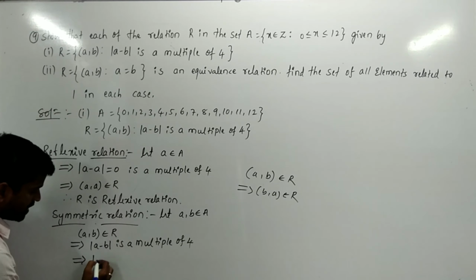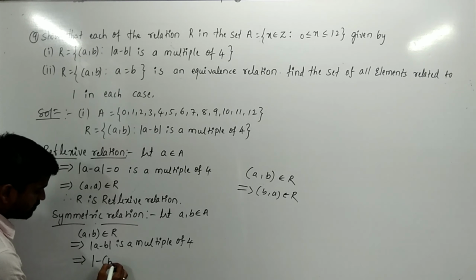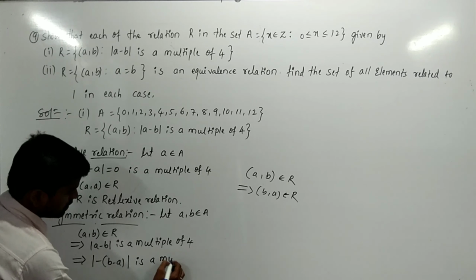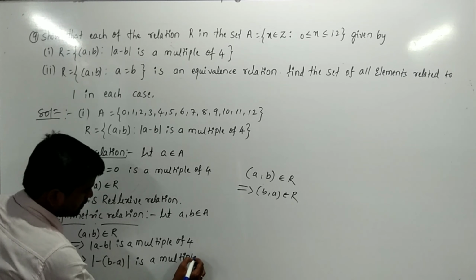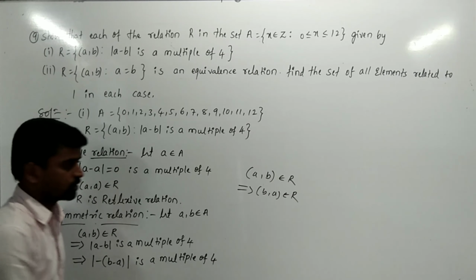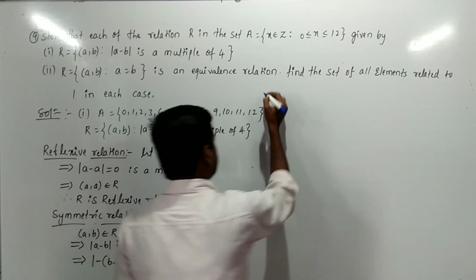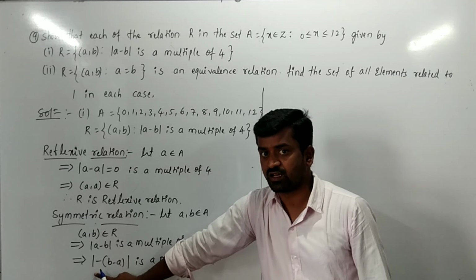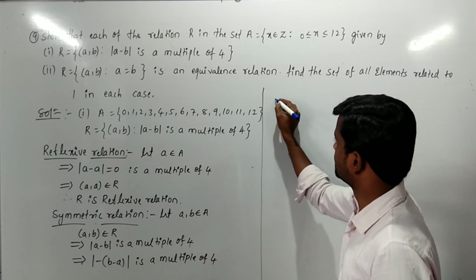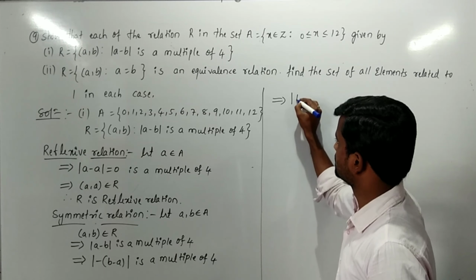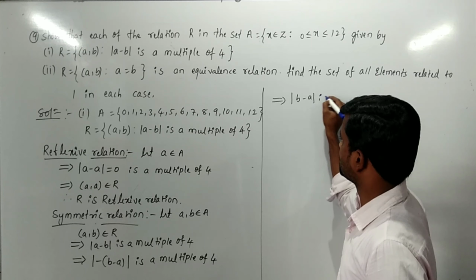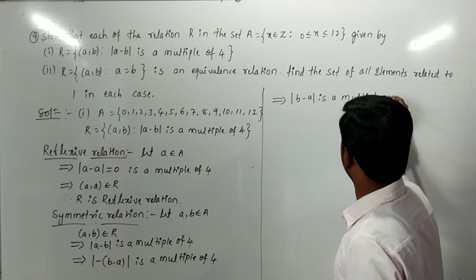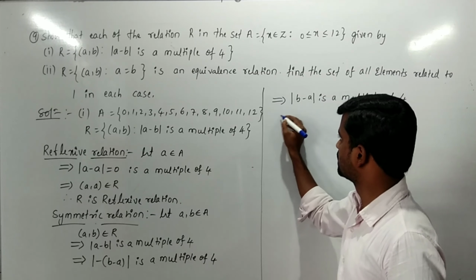This implies, taking the minus sign, b - a is a multiple of 4. There is no negative sign inside a modulus, then this implies |b - a| is a multiple of 4.